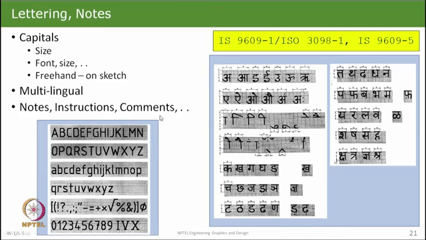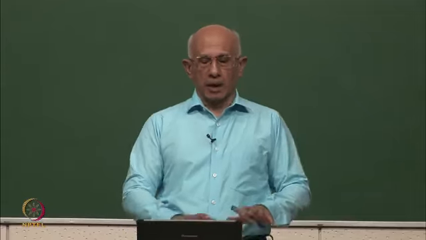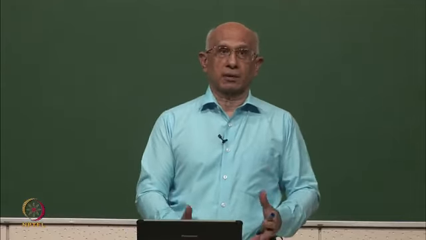So, these are things which are written in words which supplement the information on the drawing, and drawing and this written information together make the information complete. The drawing becomes unambiguous, complete, it is not over specified, not under specified, should not be ambiguous, and all of this information has to be read together.